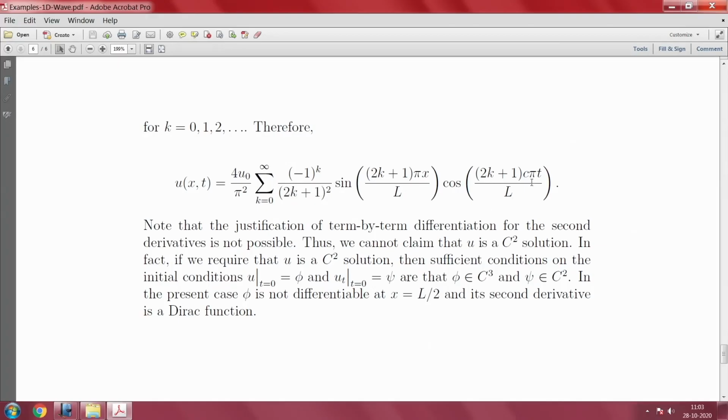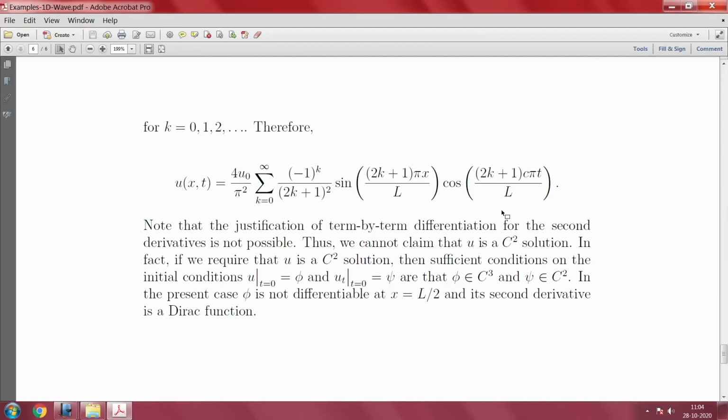But when you take the second derivative term by term differentiation, this (2k+1) square vanishes completely. So, we are just left with sine and cosine, and that we cannot make out whether convergent or not, and it is not. Okay. So, u is not a C2 solution.